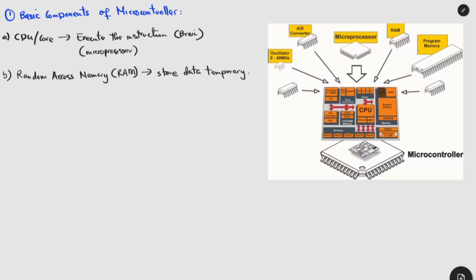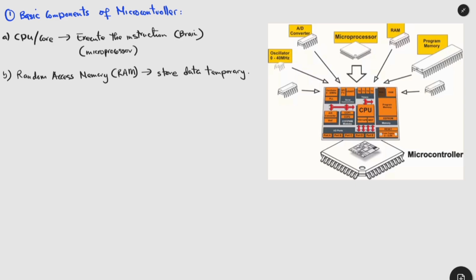Any data that needs to be executed will be stored temporarily in the random access memory. And random access memory is called a volatile memory. When there is power in the circuit, it can store the data. And when the power is switched off, all the data will vanish.